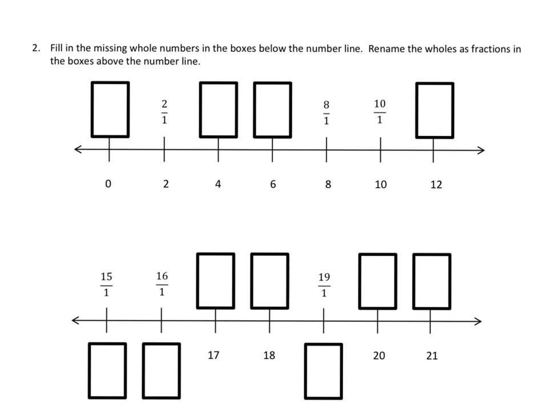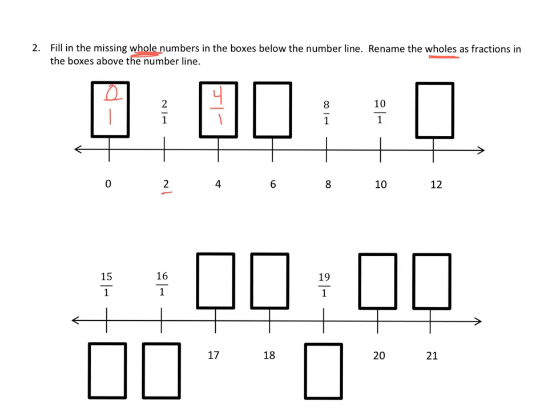So 0, when we're talking in terms of wholes, that's our unit. So wholes are going to be out of 1. So 0 out of 1. I have 2 over 1, or 2 wholes, which is going to equal 2.